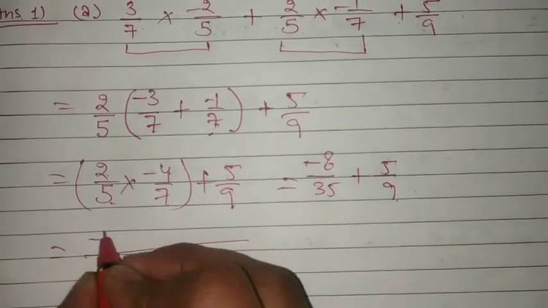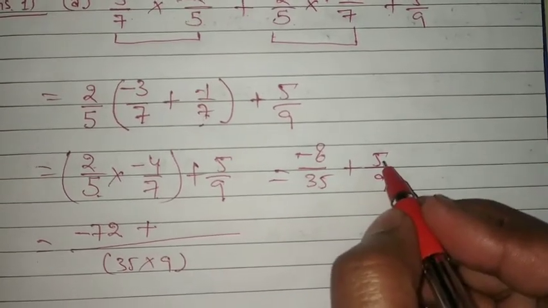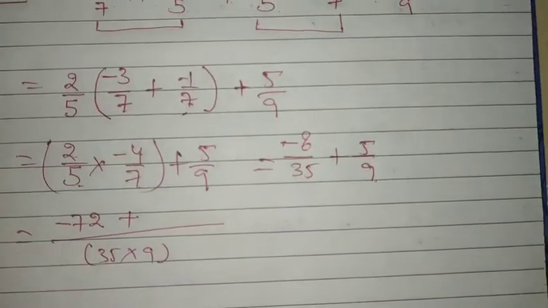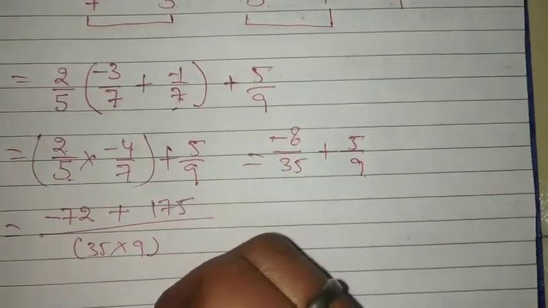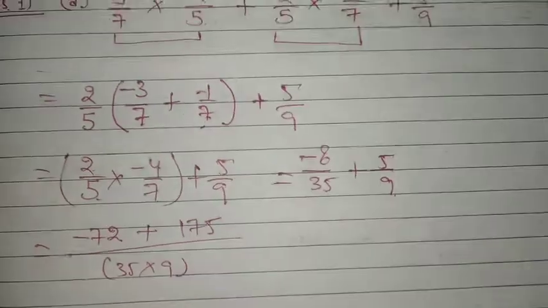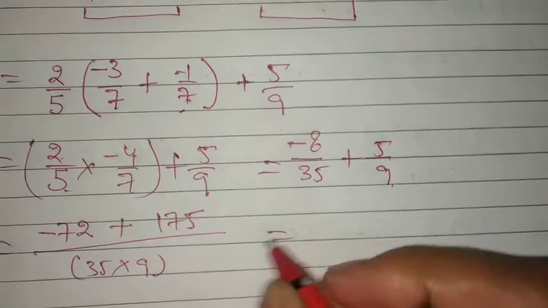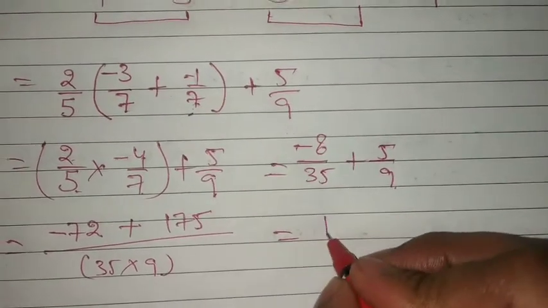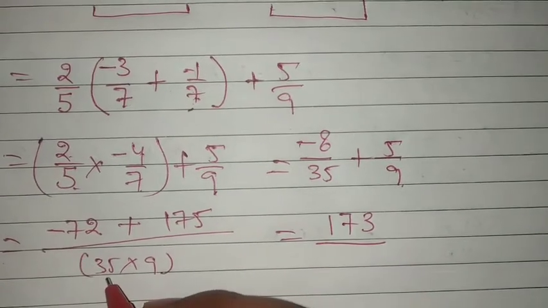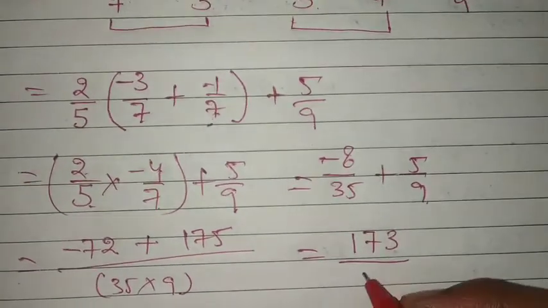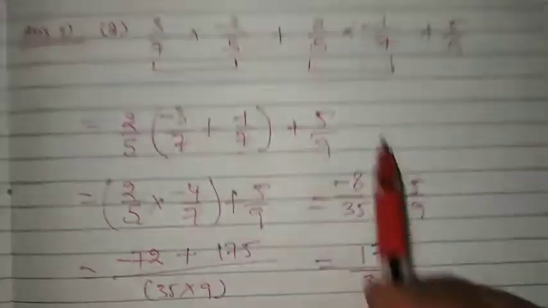So here we will get minus 72 plus 35 into 5, which is 175. Now the numerator will be 175 minus 72, that is 103, and the denominator will be 35 into 9, that is 315. So this is the answer of this.